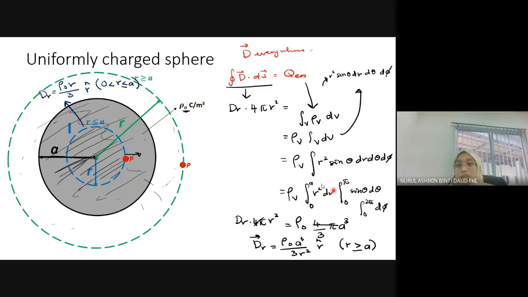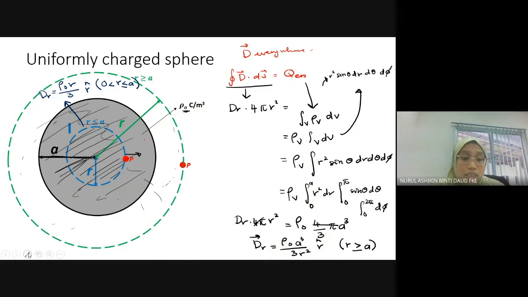So although the Gaussian surface is larger, the limit for the charge is 0 until a. So D is rho naught a cubic over 3r squared in the r direction. I hope this is very clear, because this will come up in your test.